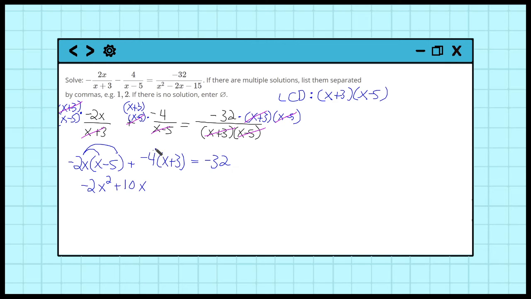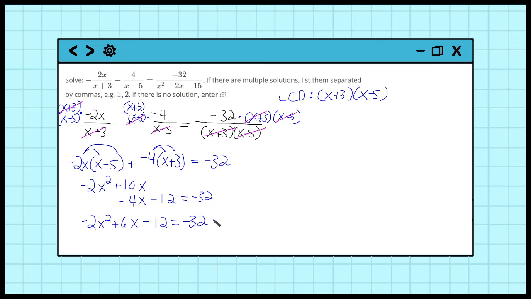Then I distribute my negative 4. Again, this is one of the reasons why I put plus negative, so it's easier to do this distribution step. And that gives me minus 4x minus 12. So when I combine my like terms, I have negative 2x squared plus 6x minus 12 equals negative 32.